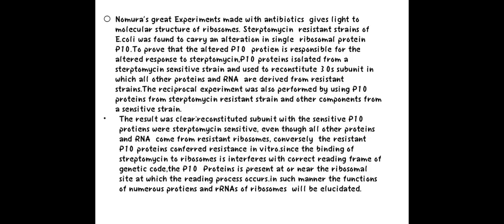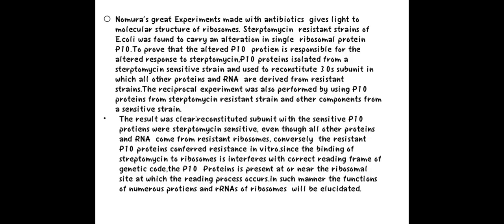To prove that the altered P10 protein is responsible for the altered response to streptomycin, P10 protein was isolated from a streptomycin sensitive strain and used to reconstitute 30S subunit in which all other proteins and RNA are derived from resistant strains. The reciprocal experiment was also performed by using P10 protein from streptomycin resistant strain and other components from a sensitive strain. The result was clear.